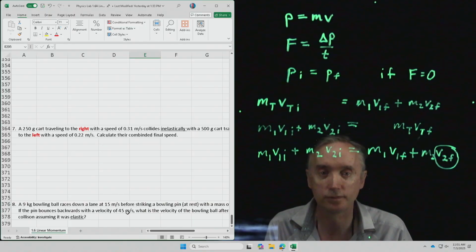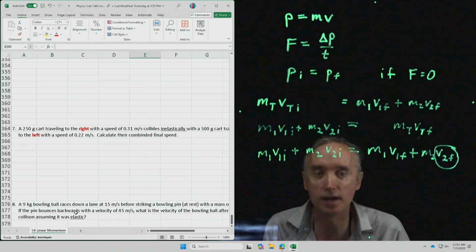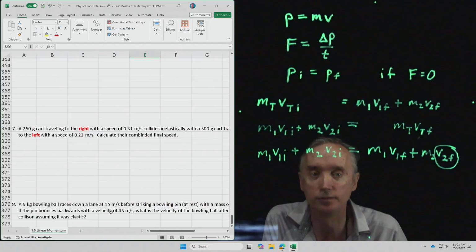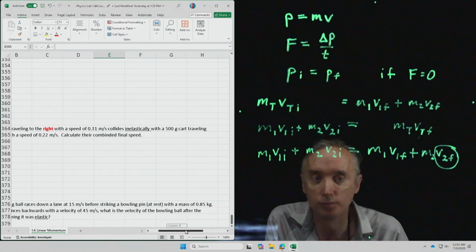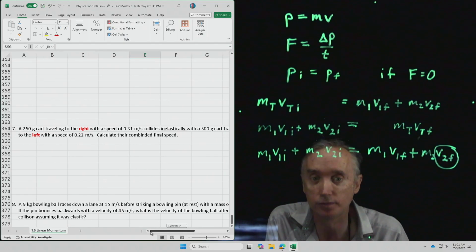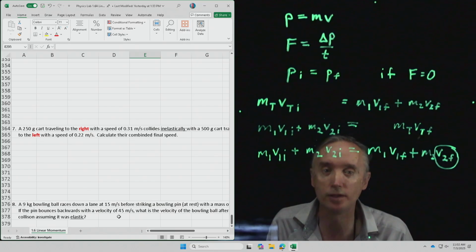Number 8, a 9-kilogram bowling ball races down the lane at this speed, and it strikes a bowling pin which is at rest, and it has a mass of 0.85 kilograms. If the pin bounces backwards with the speed, so what do I mean by that?